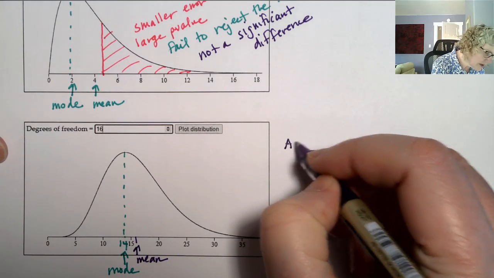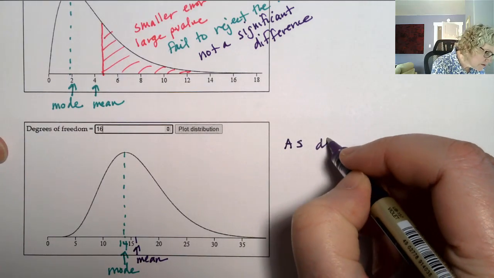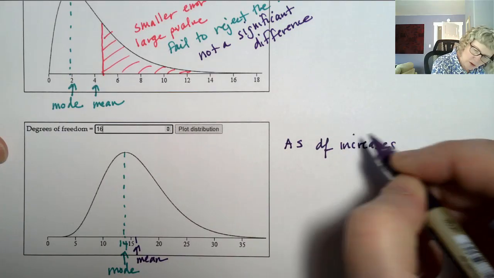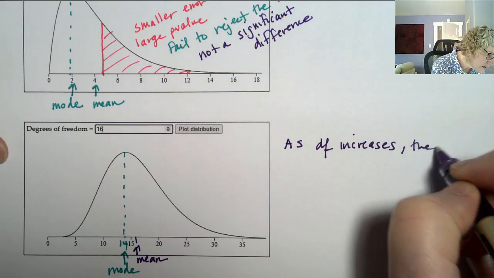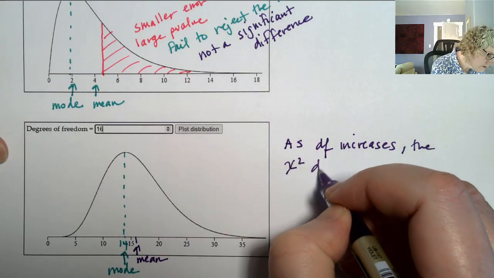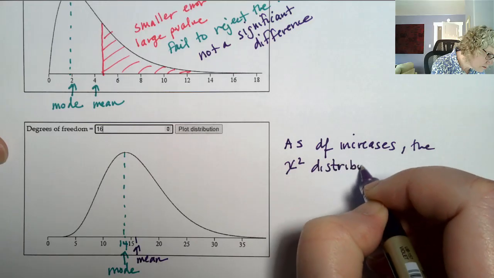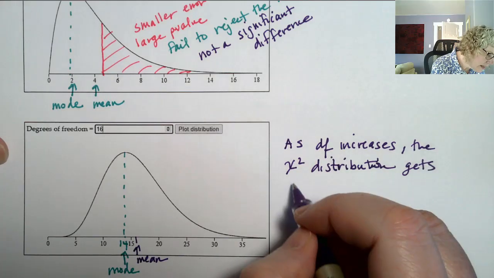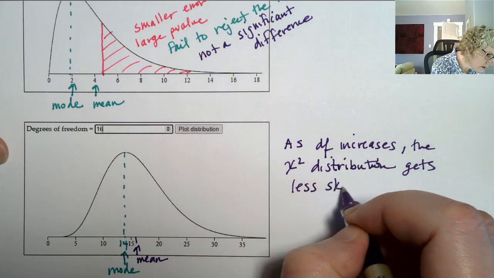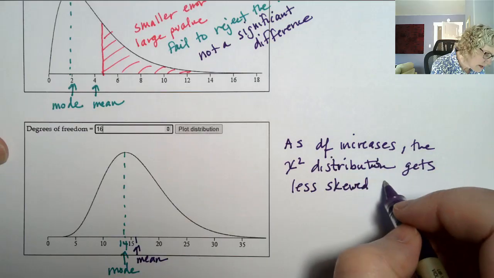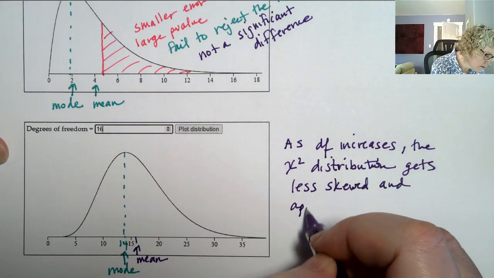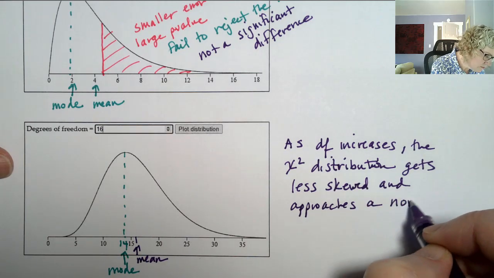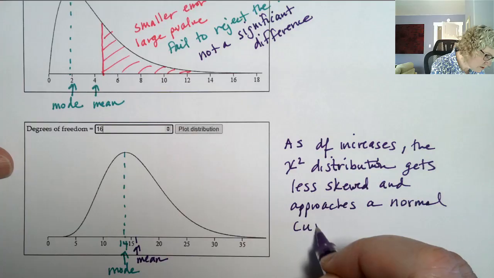So let's make a note about that. As degrees of freedom (df) increases, the chi-squared distribution gets less skewed and approaches a normal curve.